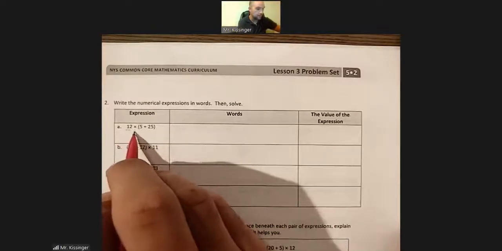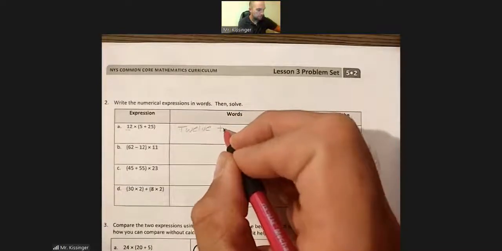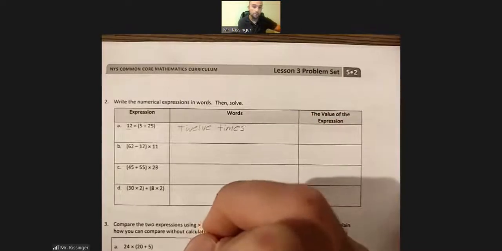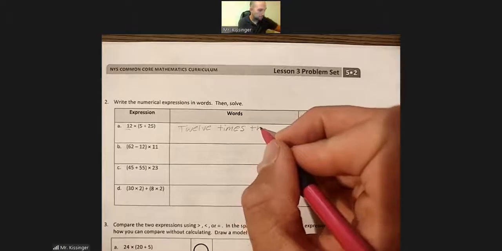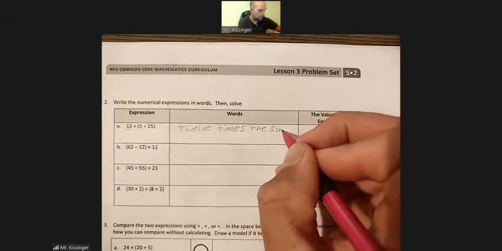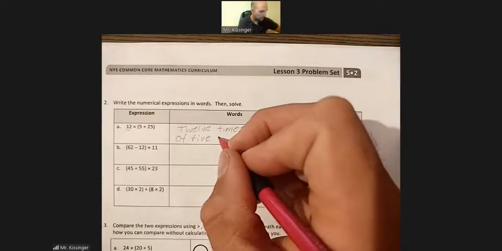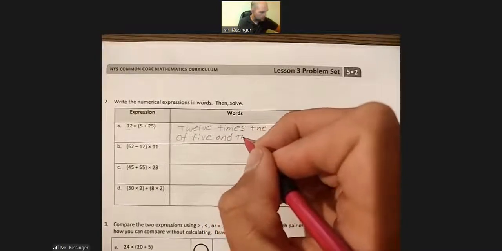We'll have 12 times 5 plus 25, or we can say 12 times, and another word for plus, the sum of 5 and 25.